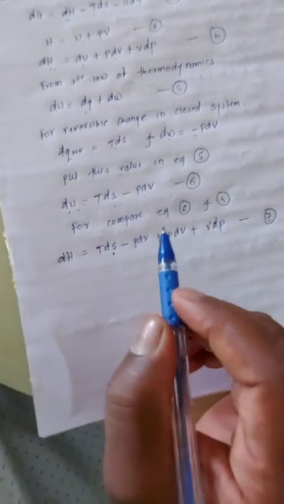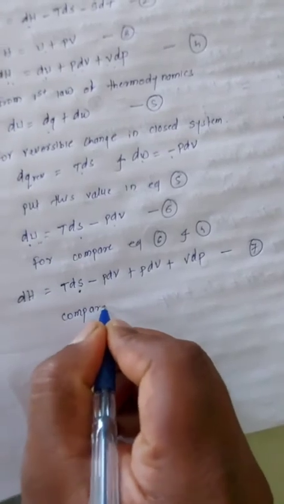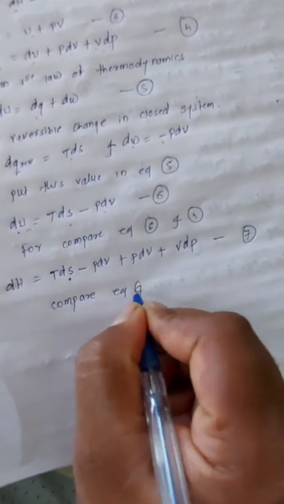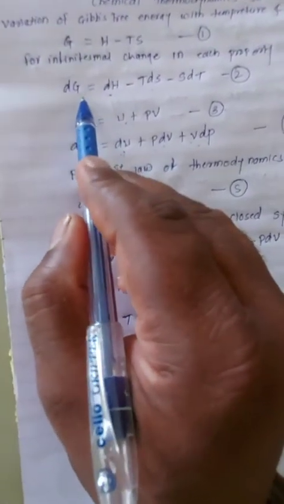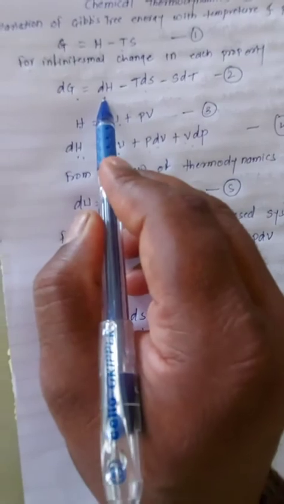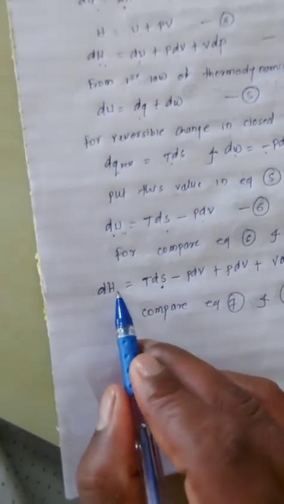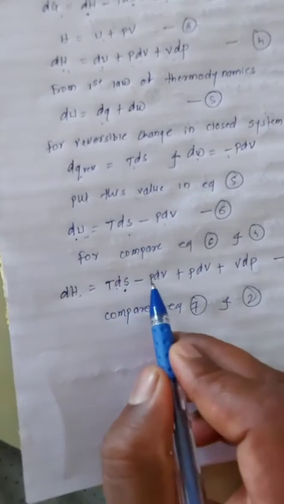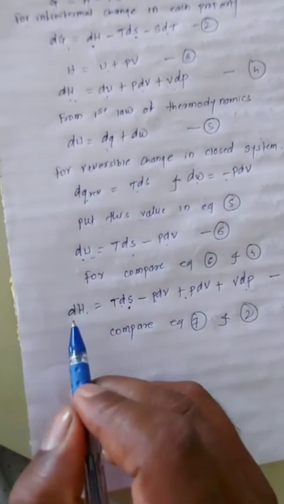Now again compare equations 7 and 2. Equation number 2 is dG is equal to dH minus TdS minus SdT, and equation number 7 is dH is equal to TdS minus PdV plus VdP. Simply put the value of dH in equation number 2.